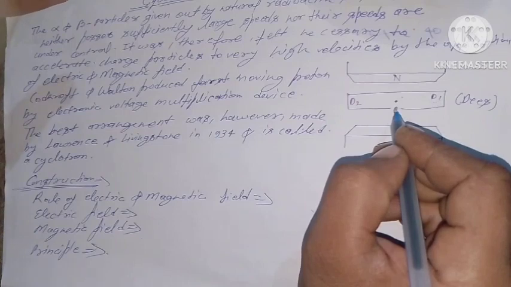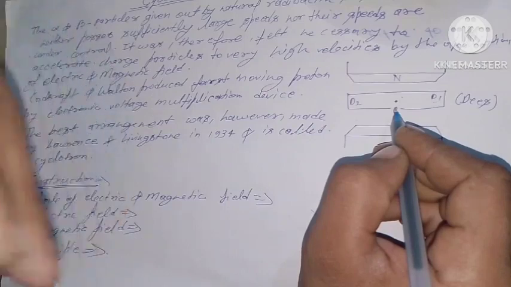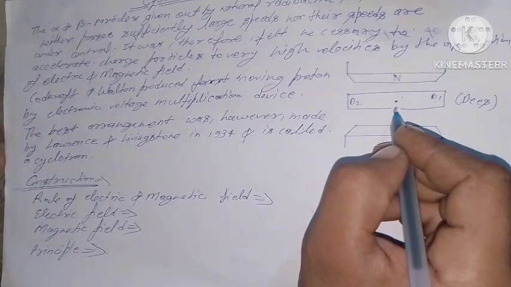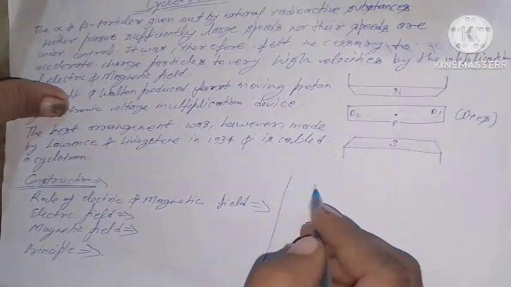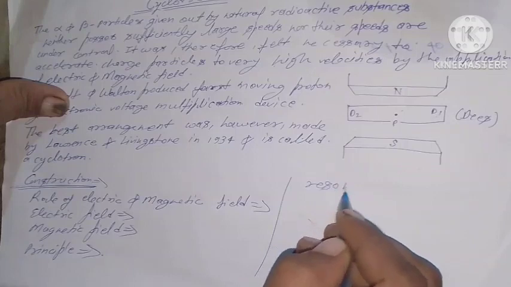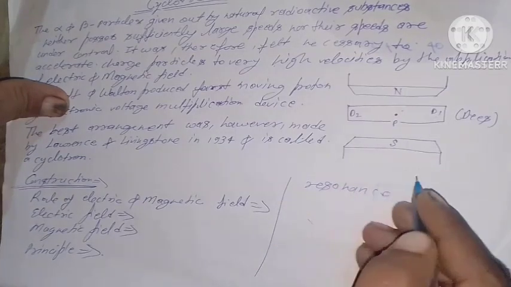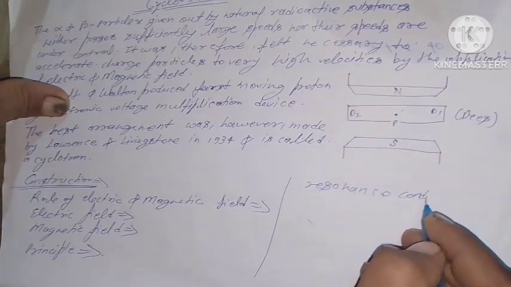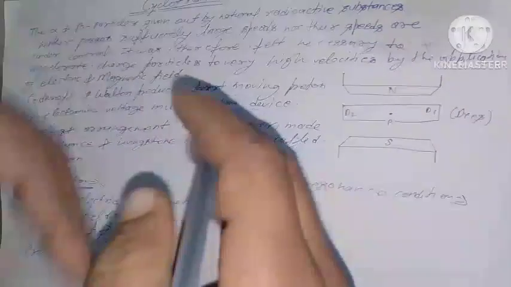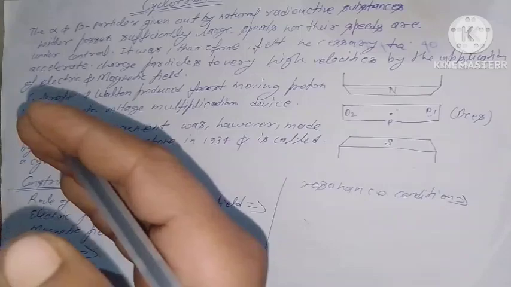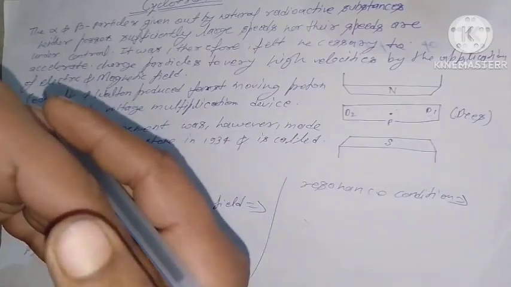The particle passes the gap of the alternating electric field almost in unison when the field is in the same phase, in resonance. Resonance condition. As we have discussed above, the cyclotron is a resonance device.